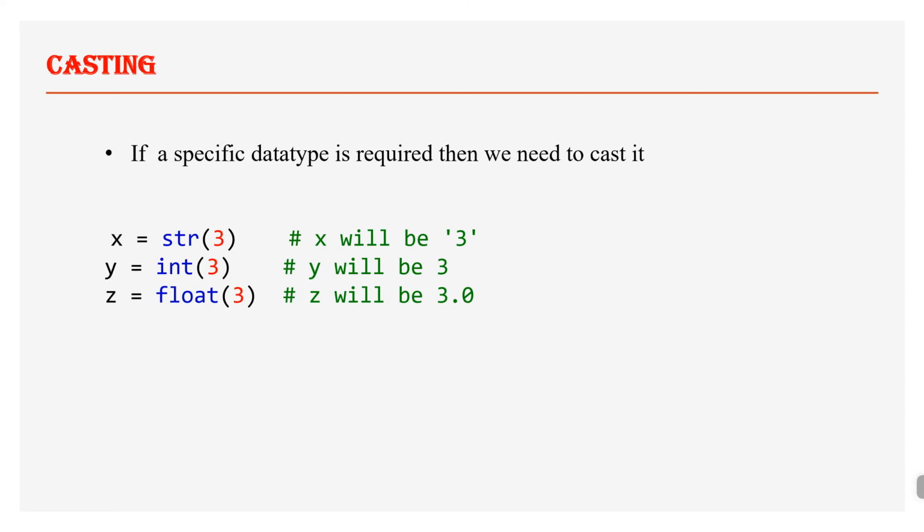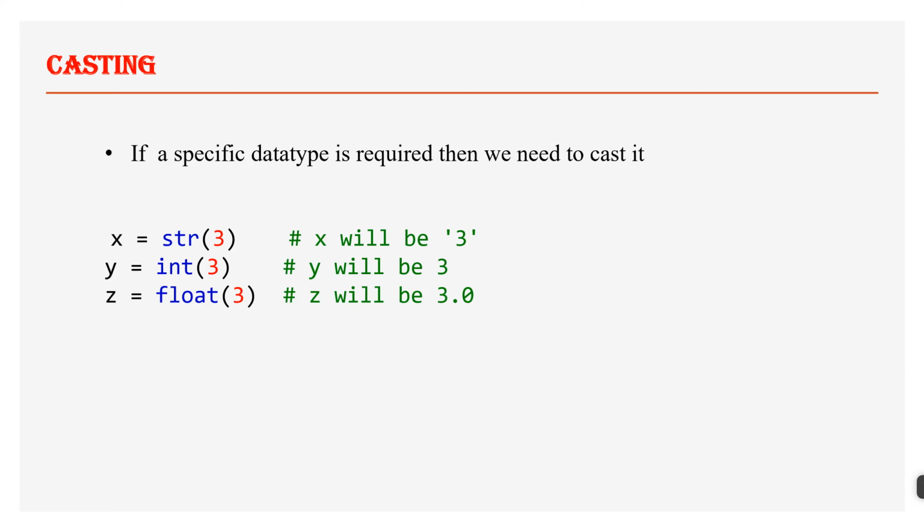Normally x is equal to 3 is an integer. X is an integer variable. But now I am casting it. Here I am converting 3 into a text and then storing it into X. Now X will no longer be an integer variable.